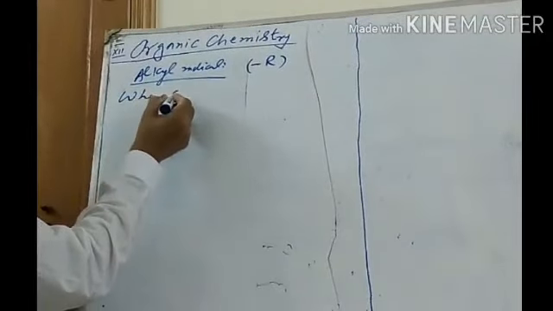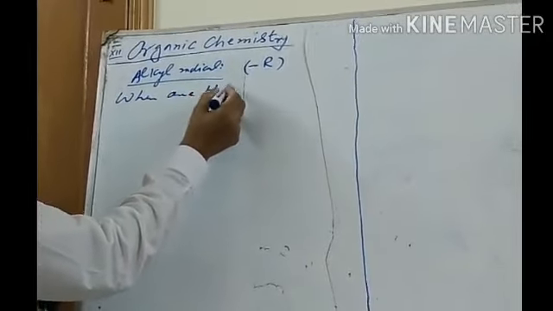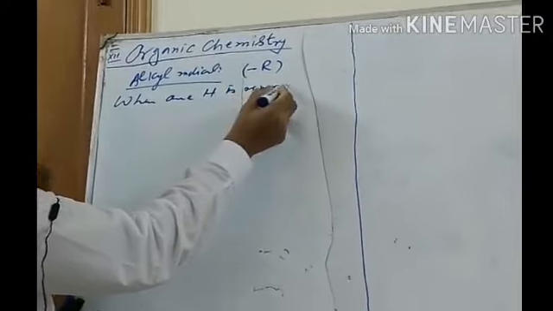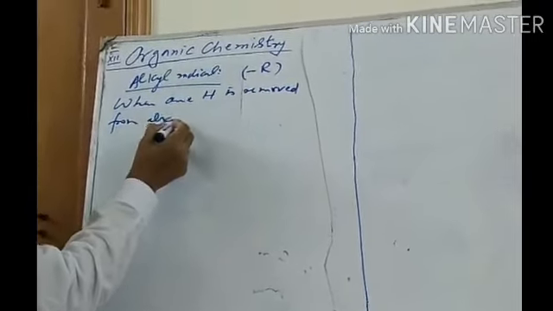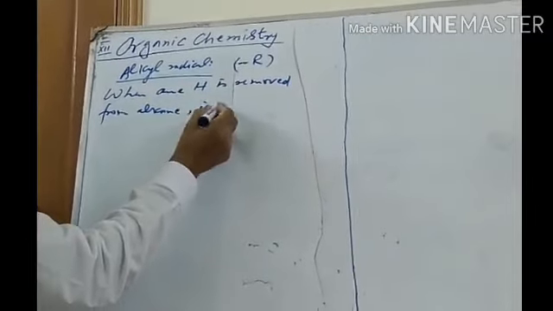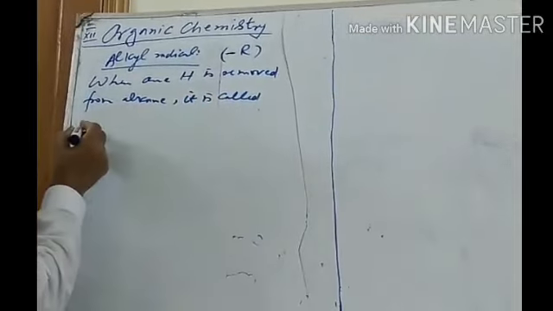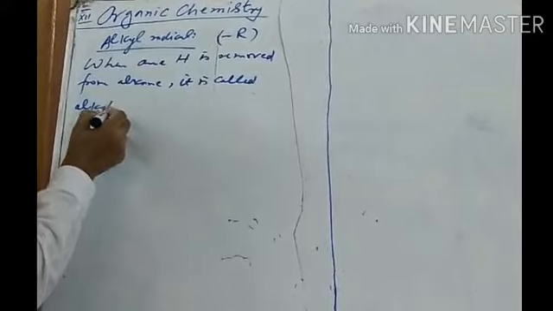When one hydrogen is removed from an alkane, it is called an alkyl radical.